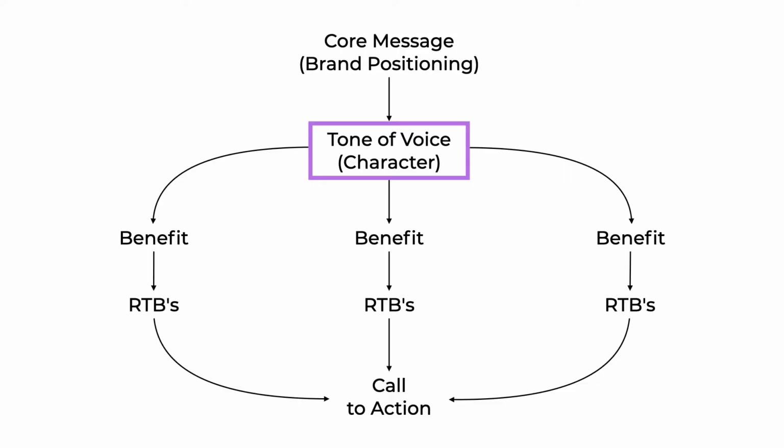I will set a core message on the top, and then my communication waterfall will go through benefits and reasons to believe, and will land with a call to action. But if you feel that your way of messaging needs a change in order, be free to change it. Just don't forget about that hierarchy. First goes benefit, then reason to believe, and then call to action.